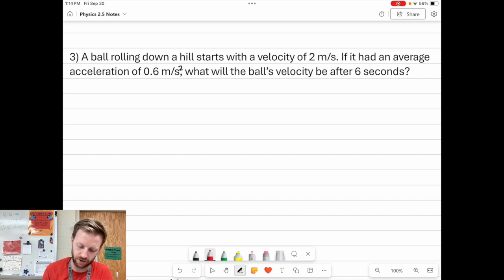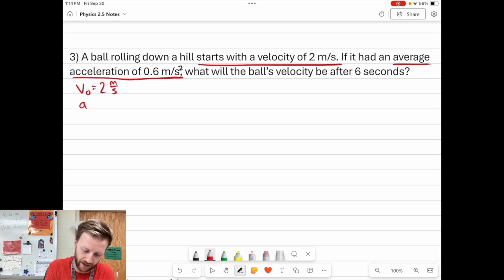A ball is rolling down a hill with a velocity of 2 meters per second. If it had an average acceleration of 0.6 meters per second squared, what will the ball's velocity be after 6 seconds? So again, we're going to go through GUESS. So what are my knowns? It starts with a velocity of 2 meters per second. That's my initial velocity, 2 meters per second. Has an average acceleration of 0.6.